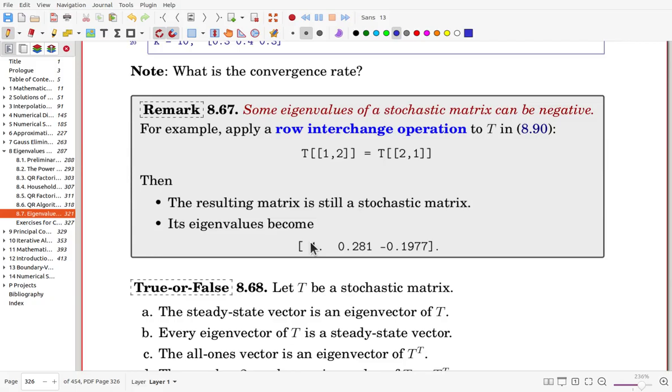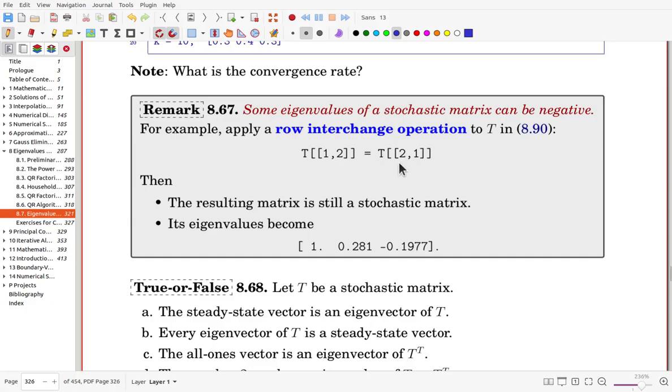Okay, we have the final remark. Some eigenvalues of a stochastic matrix can be negative. For example, the first row and second row are interchanged, so it is a row interchange operation.